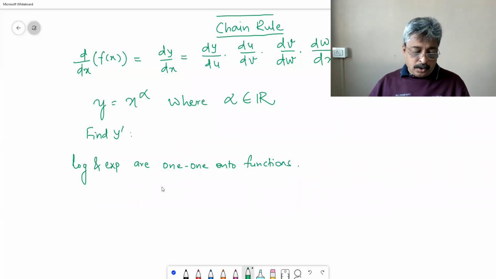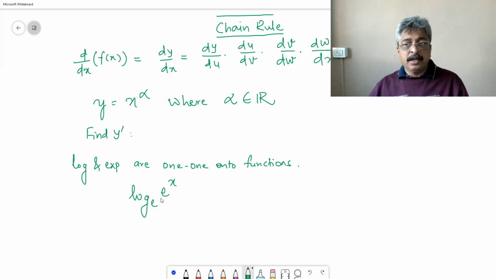Therefore, if we say log to the base e of e raised to x, operating both direct function and inverse function one after the other makes it equal to x, or e raised to log to the base e of x is also going to be equal to x.